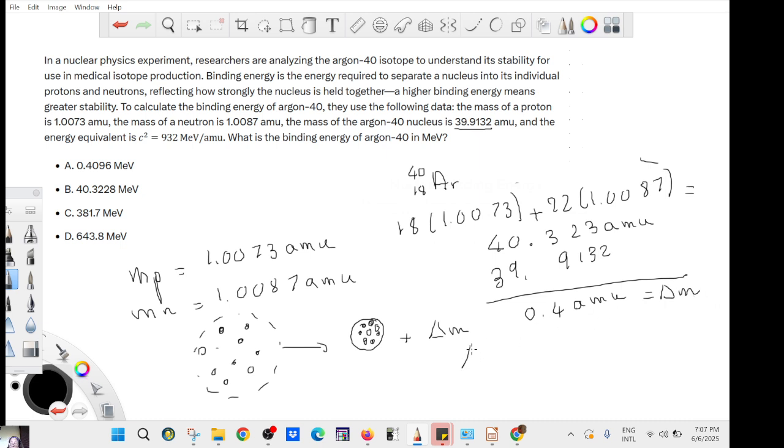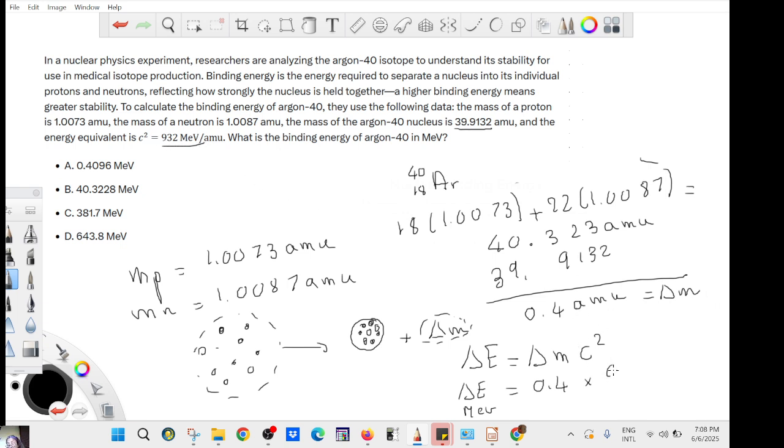Once you have that, you can say that the binding energy, so how much energy was released, is going to be equal to delta M times C squared. And if you want the energy in MeV, that's going to be 0.4 times C squared here.